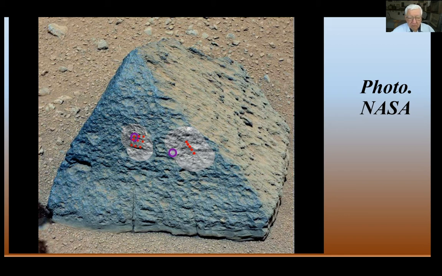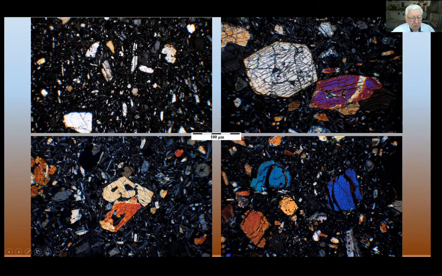This is a photo done by NASA: a block of basalt with olivines, silicates of magnesium and iron, and these red points are places of chemical analysis, and we know the chemical composition of minerals building basalts on Mars. So it's most probable that these basalts are similar to basalts we have on the Earth.